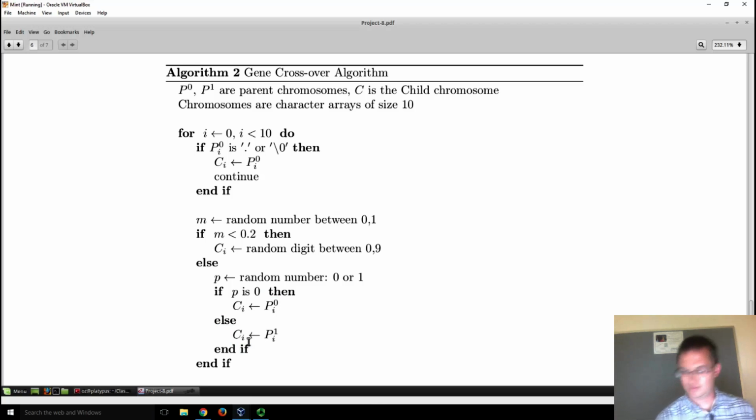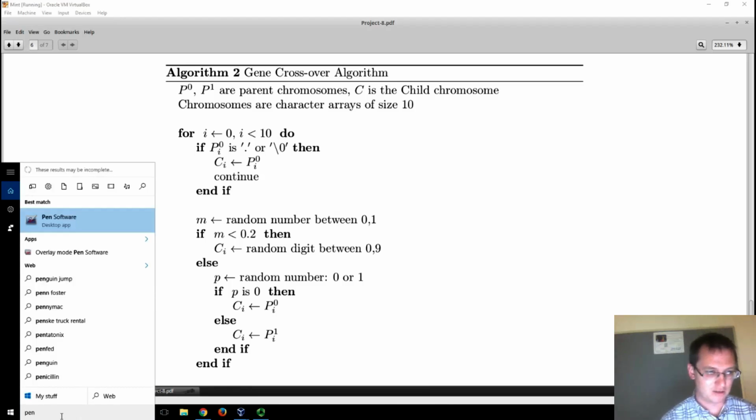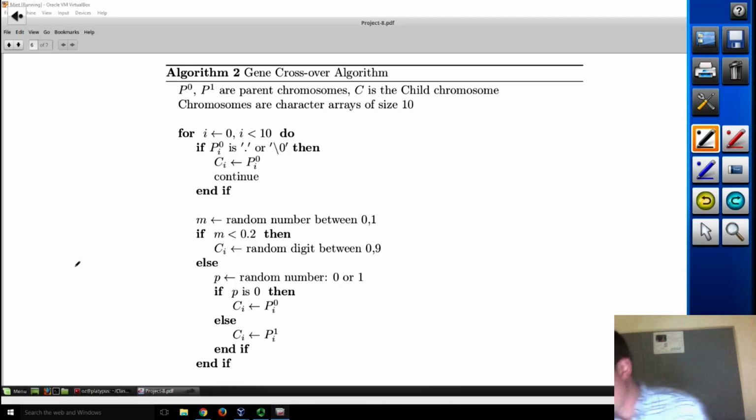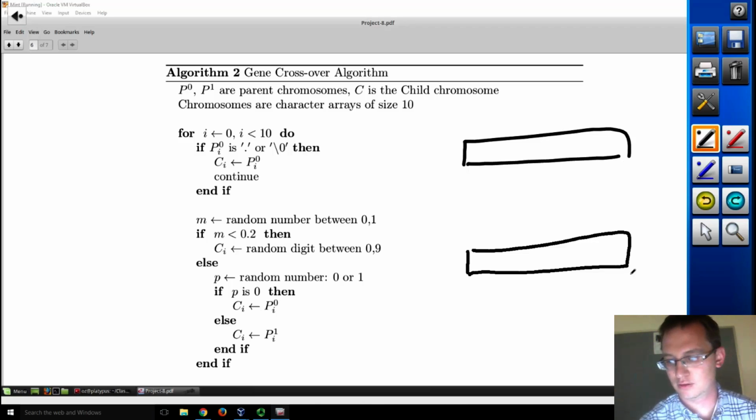I'm going to draw you a picture of this just to give you a better idea of how this goes. The idea here is if we have two parents, and we have a child.